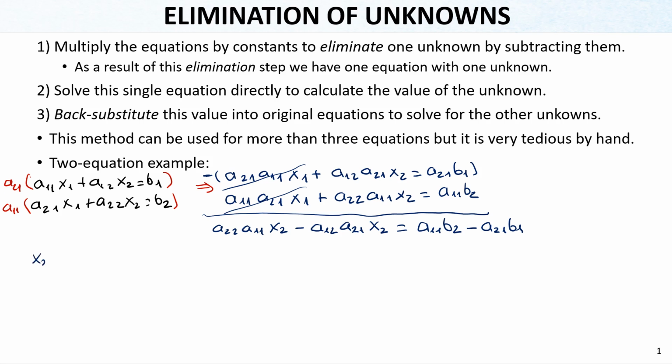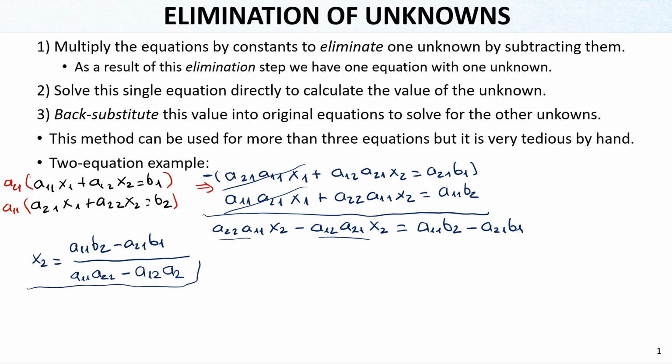Then x2 is equivalent to, if we isolate it, a11 b2 minus a21 b1 divided by a11 a22 minus a12 a21. So the constants of x2 are at the denominator, below here.